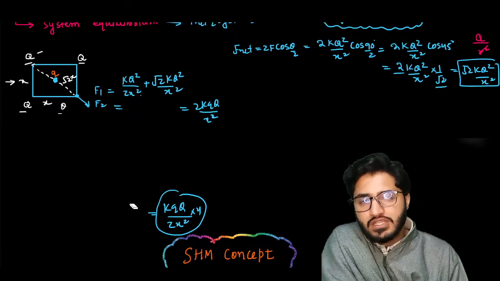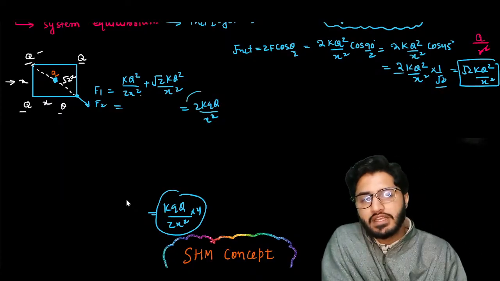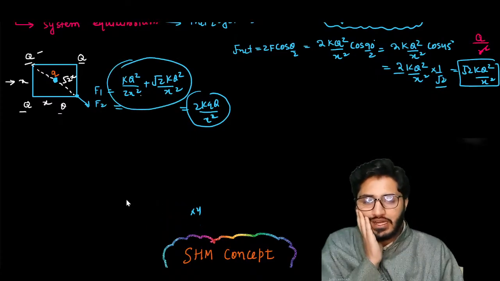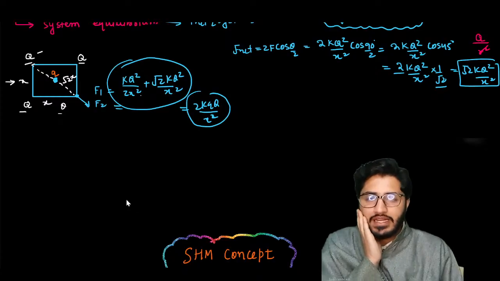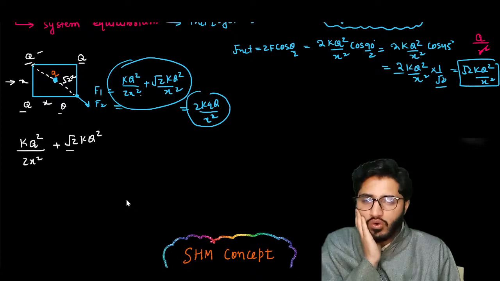Look now. If the whole system is in equilibrium, that simply indicates the summation of the net force should be 0. So can I write here now that it is kq square by 2x square plus root 2 kq square by x square plus 2kqq by x square is 0?